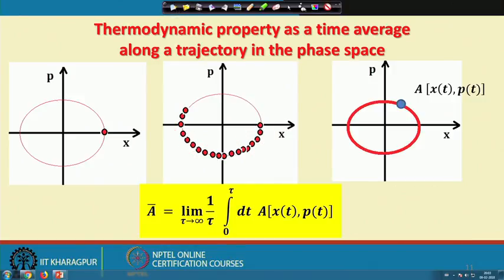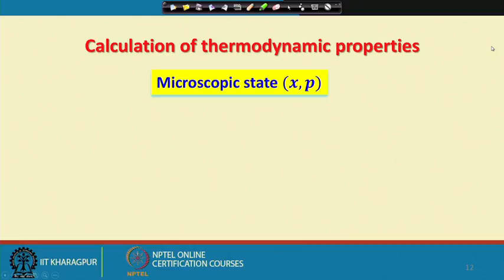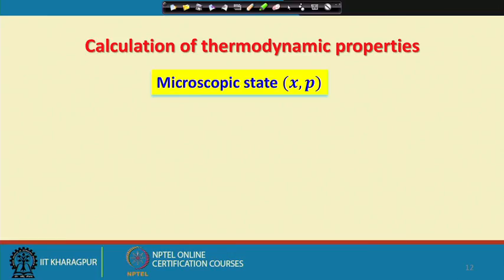Now, once we know this, then we can go ahead further and try and summarize what I have said so far in this lecture. We started by pointing out that the microscopic state of a system which obeys the laws of classical mechanics can be completely specified in terms of its position coordinate x and the momentum coordinate p.